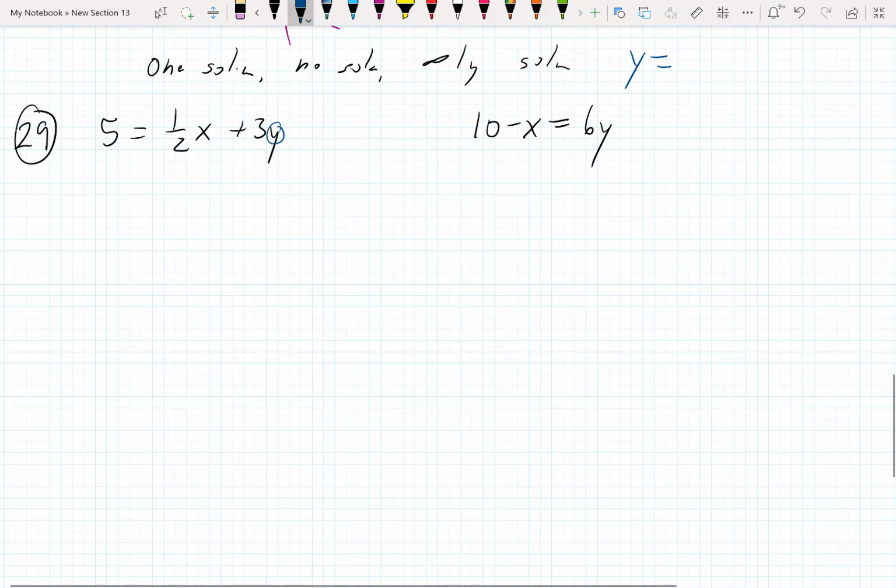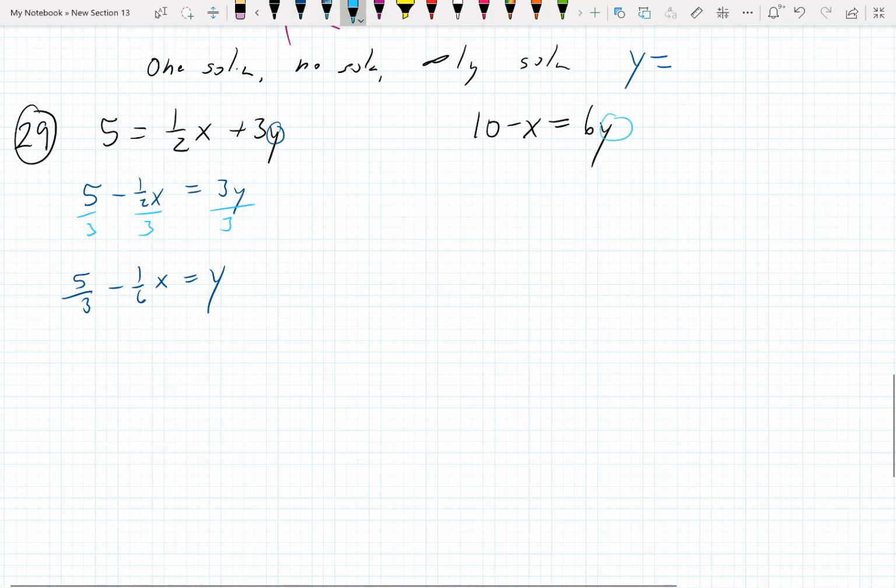So if I try to solve for y in this first one, I'm going to subtract the 1/2 x over, and then I'm going to divide both sides by 3, and I'll get 5/3 minus 1/6 x equals y, and that's that guy. Leave him be for a second.